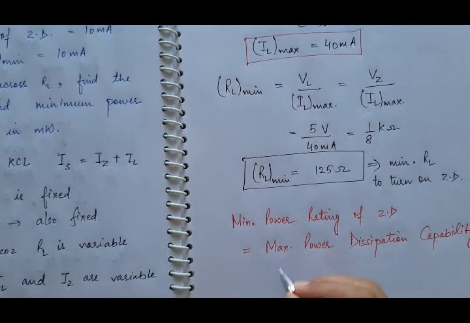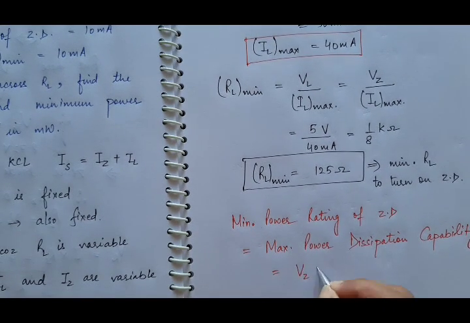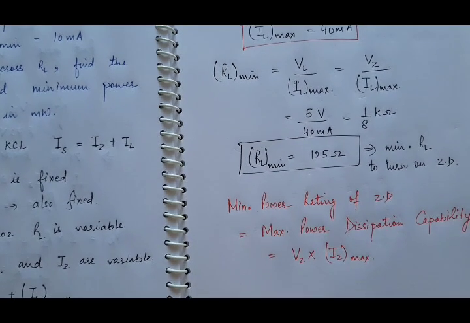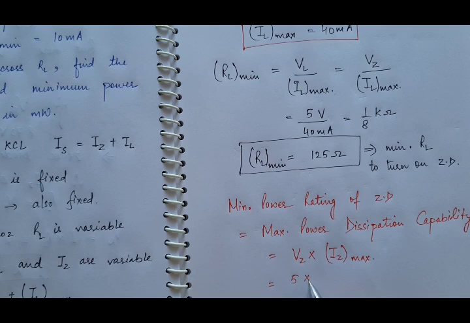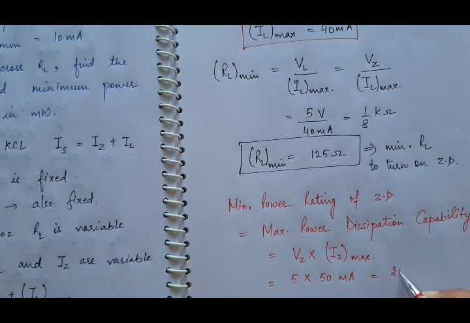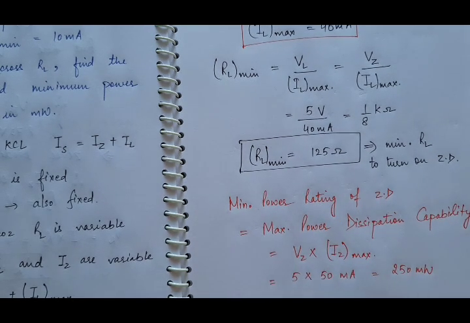So it will be equal to Vz into the maximum Zener current which the Zener diode can tolerate. The maximum Zener current will be equal to the source current, because at that time the load current will be 0. So Vz is 5 volts into 50 milliamperes, so we have 250 milliwatts. It is the minimum power rating of the Zener diode, or the maximum power dissipation capability of the Zener diode without getting damaged.